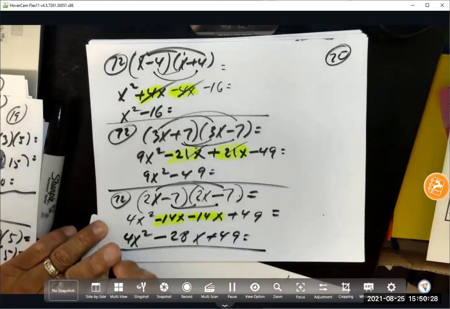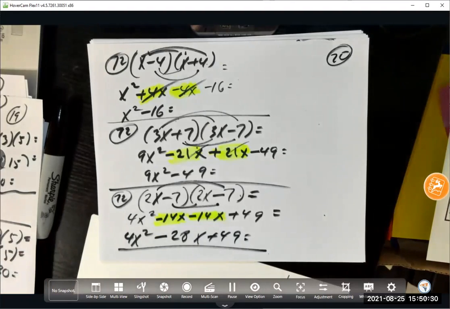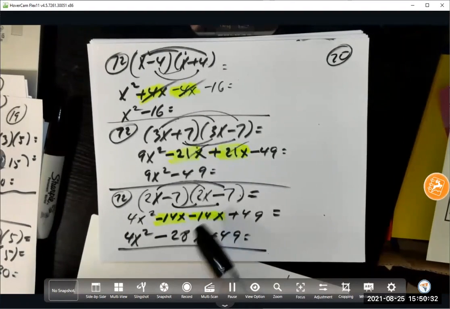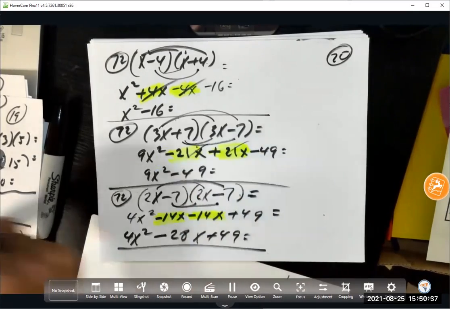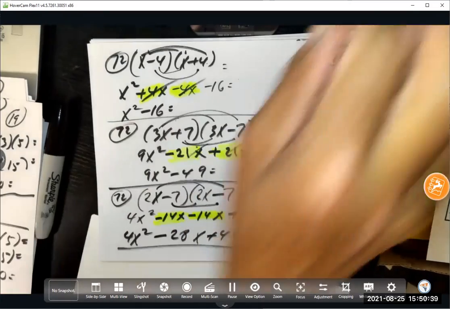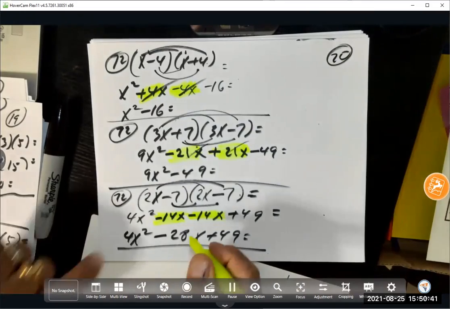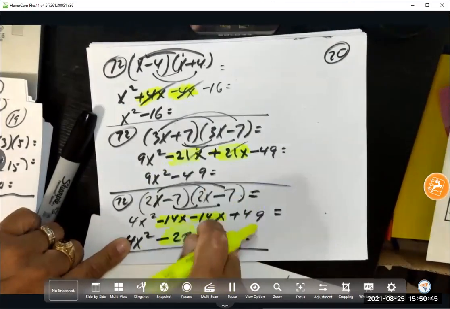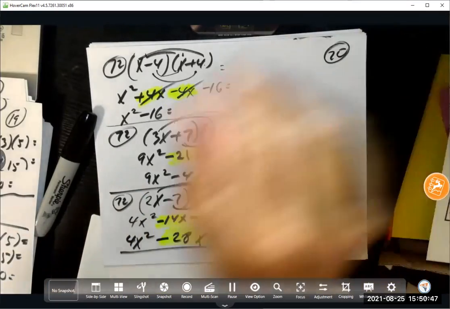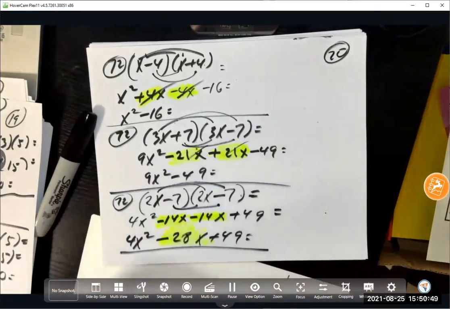Does that make sense? Yes or no? Yes. Here he lost, and he lost. Over here, you won, you lost, it went away. Does that make sense? Y'all see the difference between this one and this one here? Yes.